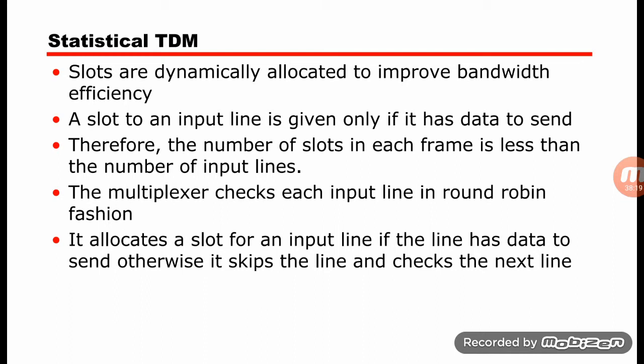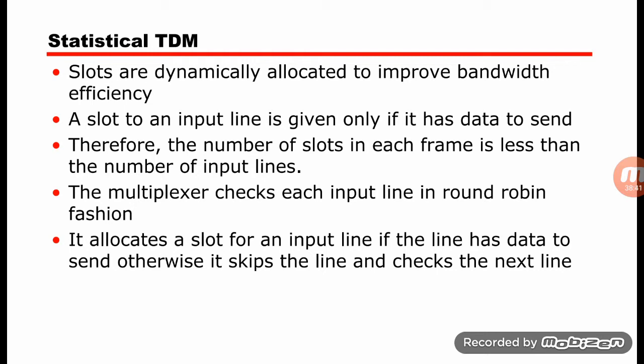You know what the meaning of dynamic is? Dynamic means always changing. Static means not changing. Dynamic, you are always trying to change. This person is very dynamic, and he always keeps on doing something, doesn't sit idle. So slots are dynamically allocated to improve bandwidth.